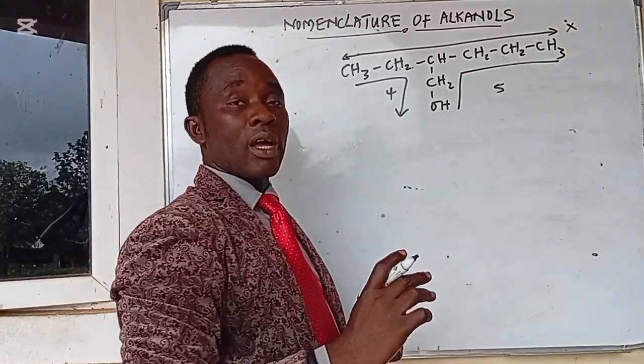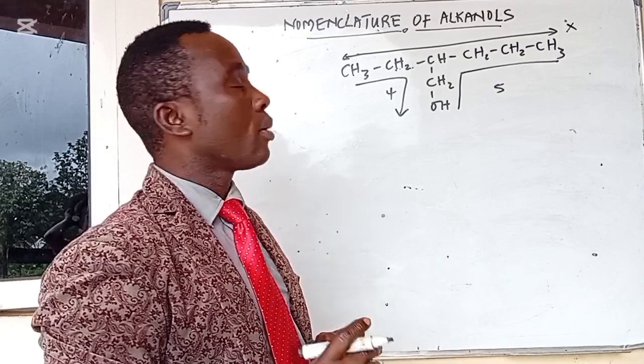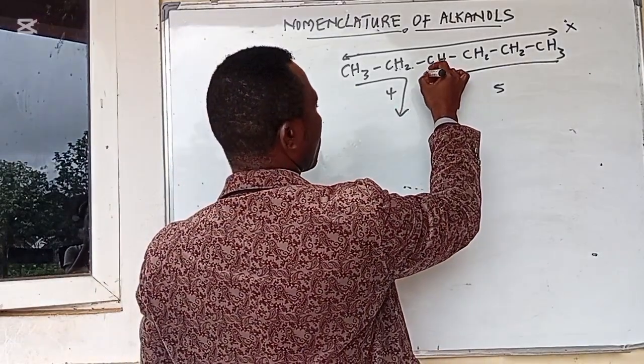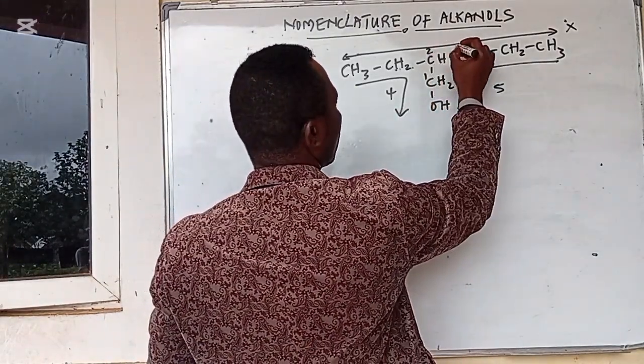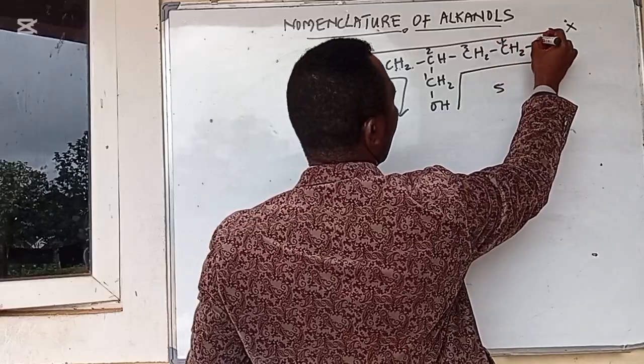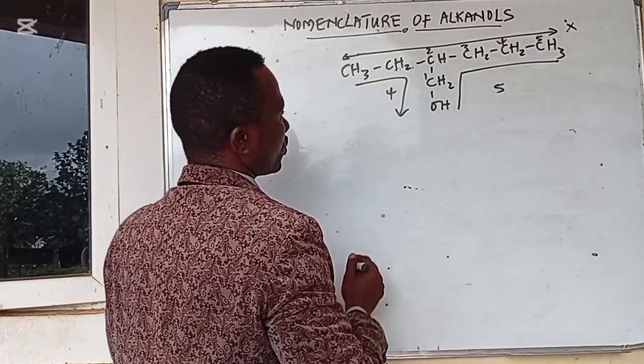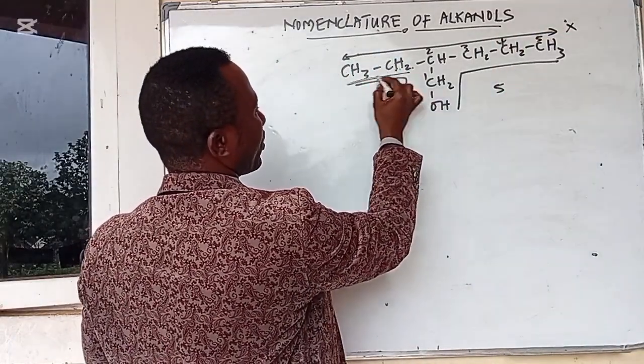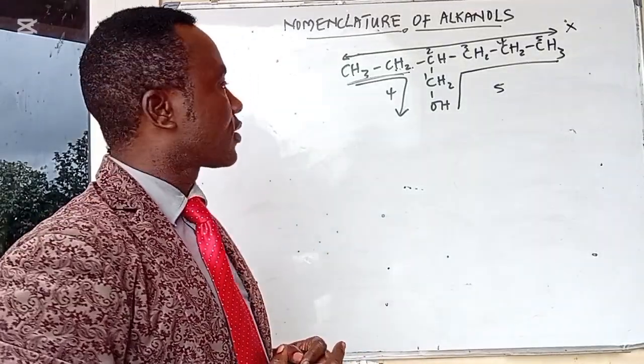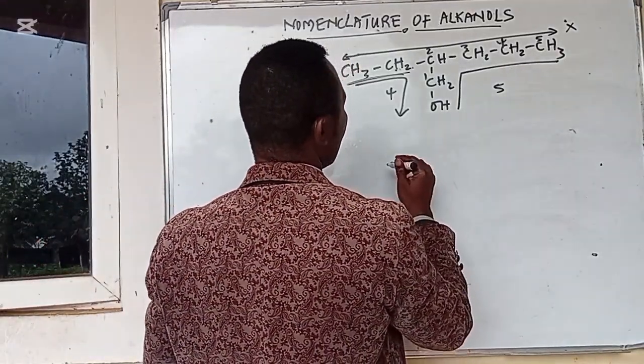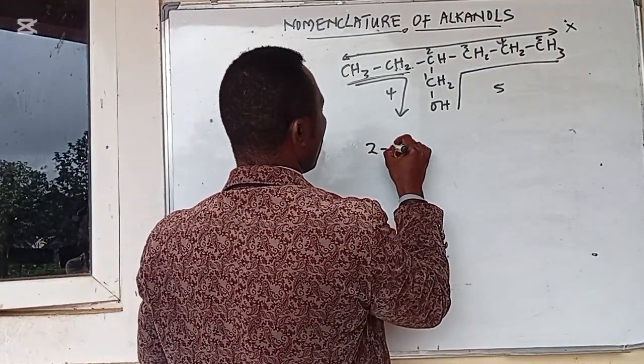But the OH, while you are numbering, should have the least number possible. So the right numbering should be 1 here, then 2, 3, 4, and 5. The side I did not number becomes a substituent. So the name will be 2-ethyl.